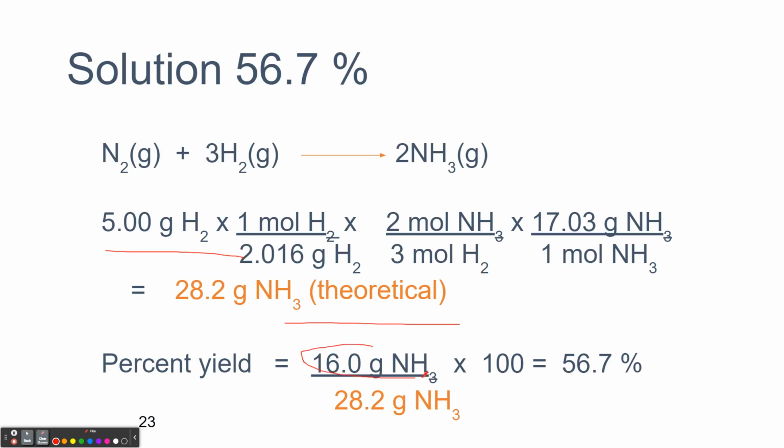This was given in the problem, right? So this is what our experimental was. We should have gotten back 28, so we got back 56, which is not a great return, depending on how efficient this reaction is. So why must a limiting reactant be used to calculate theoretical yield? Because you need to figure out the max, right?